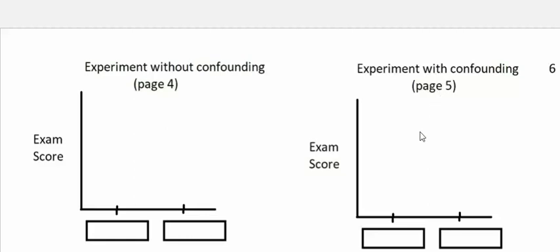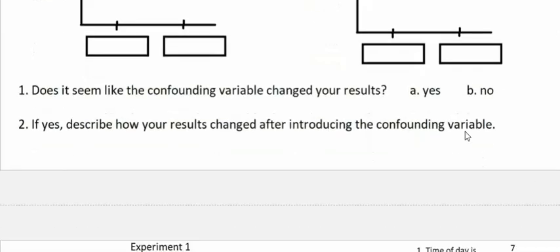So if the confounding variable made one of the bars go up or one of the bars go down, or if it made the difference between the bars bigger or smaller, just describe that. Basically, describe how it distorted the two bars.